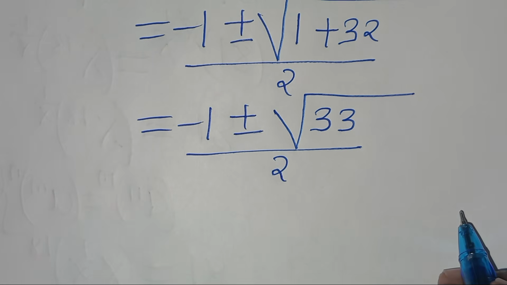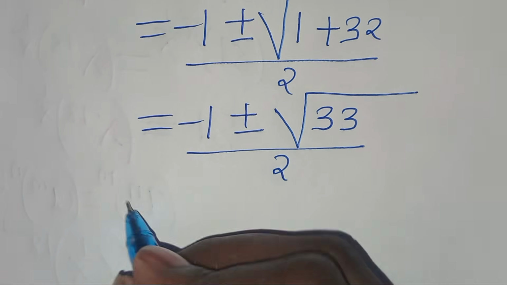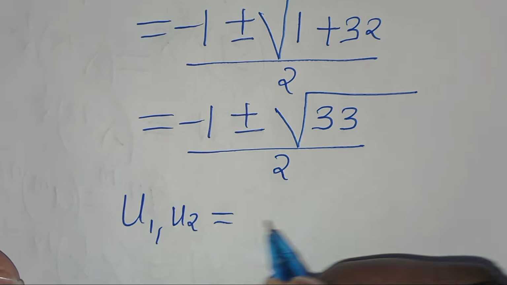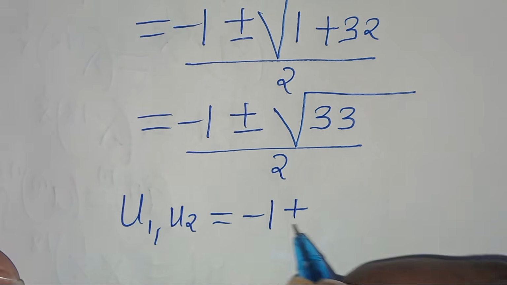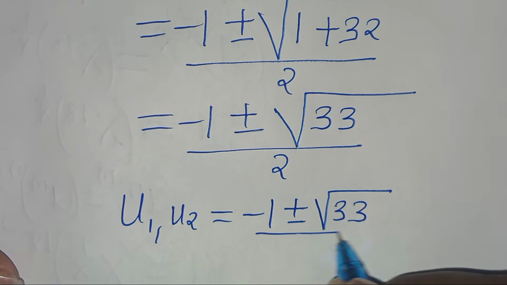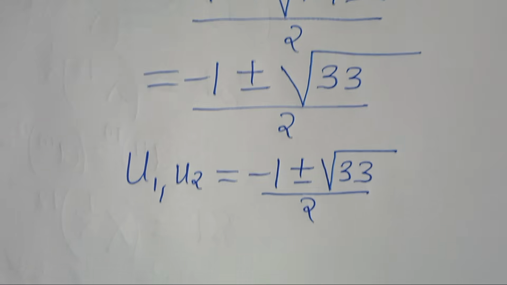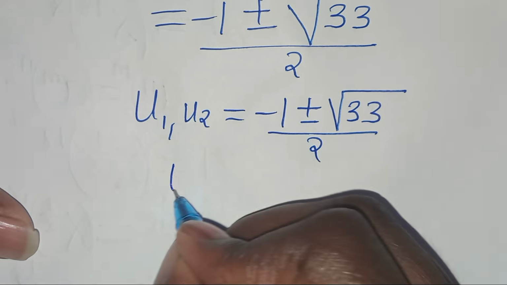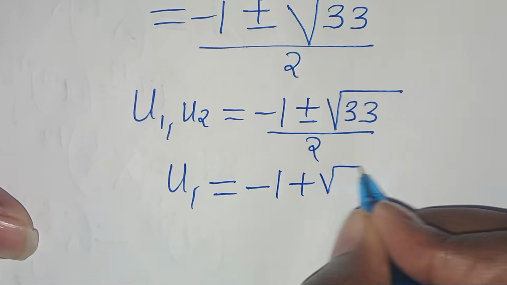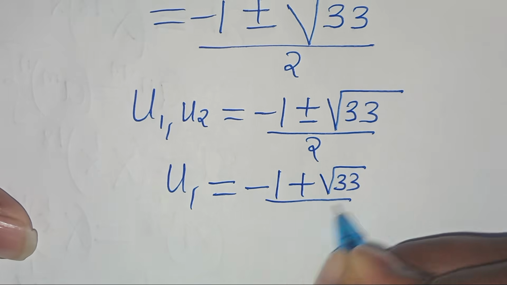Now, in this case, we have u1, u2 equal to negative 1 plus or minus the square root of 33 divided by 2. So this means that u1 is equal to negative 1 plus the square root of 33 divided by 2.